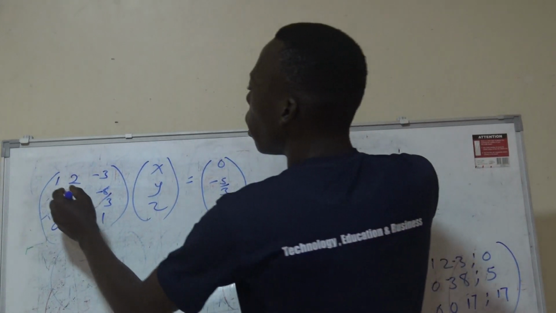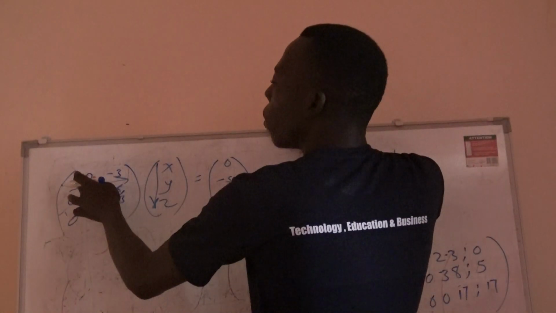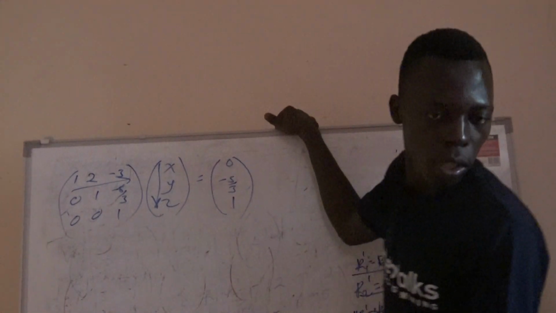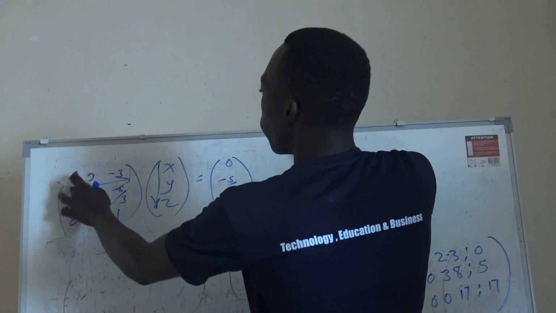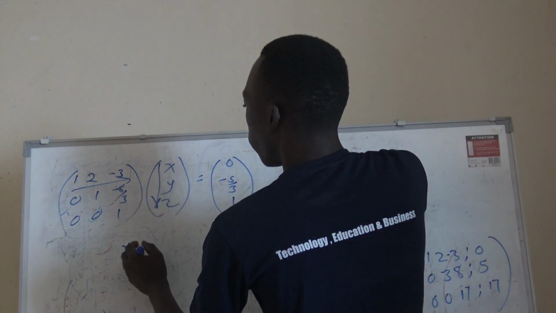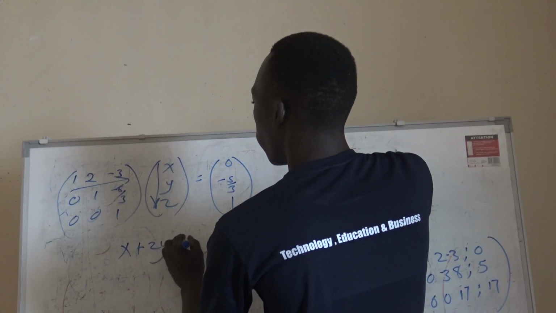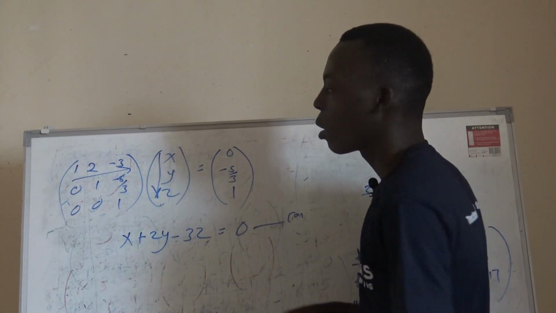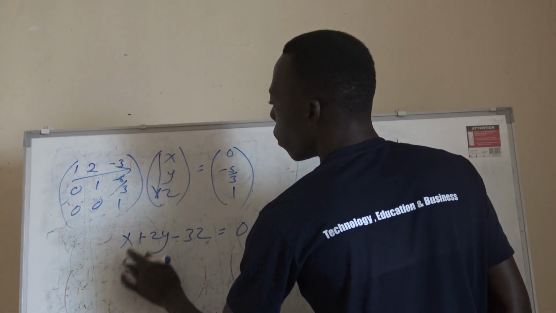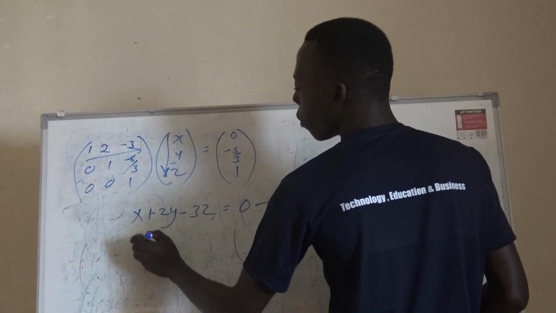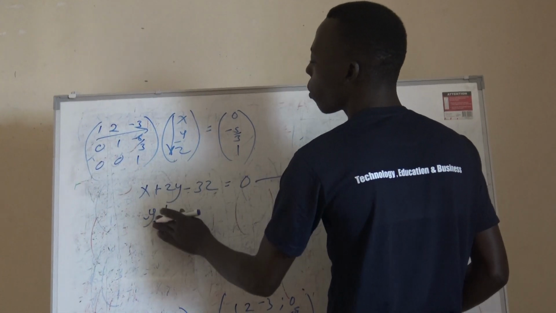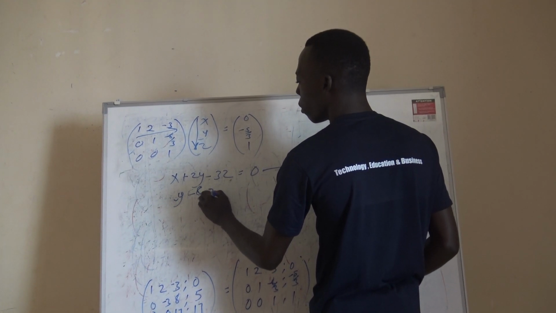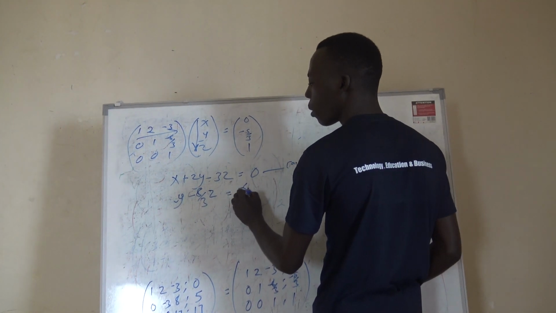So we apply now a row by column. So it becomes this one times this, which is x, and this times this, which is plus 2y, then minus 3z equals 0 as equation A. Then also we are getting this one, which is 0, 0 times this, which is 0, then this times this, which is y, plus this times this, which is negative 8 out of 3 z, equals negative 5 out of 3.